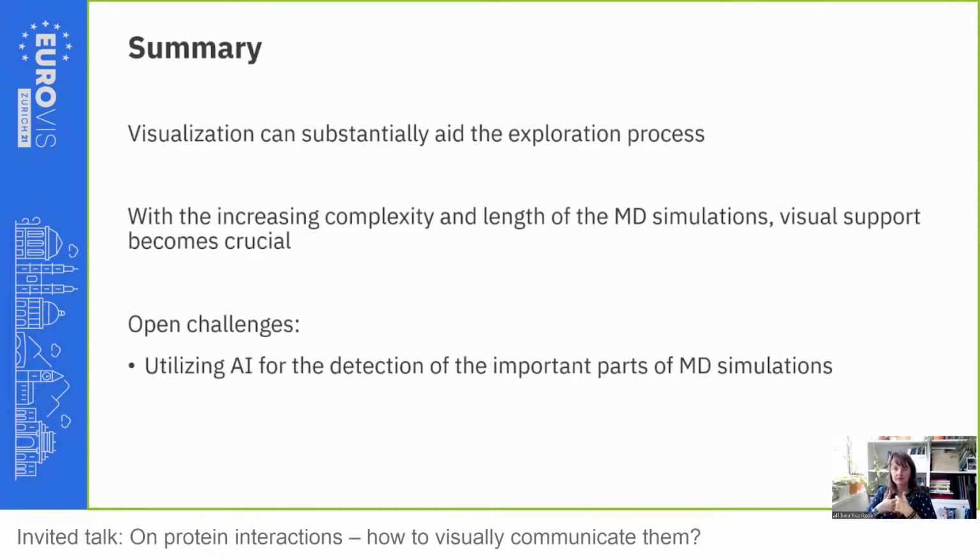But I believe that there is space for something which is floating around the visualization domain in many areas, and it's basically artificial intelligence.